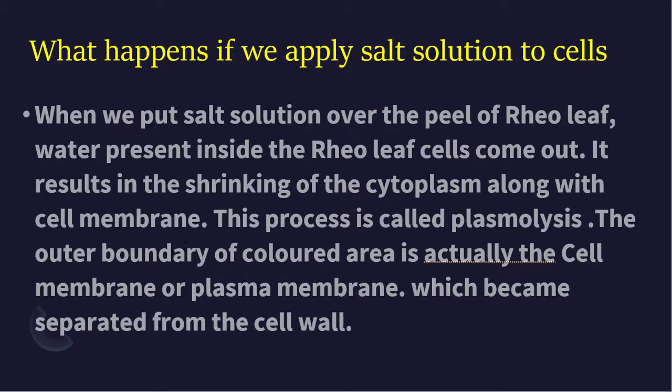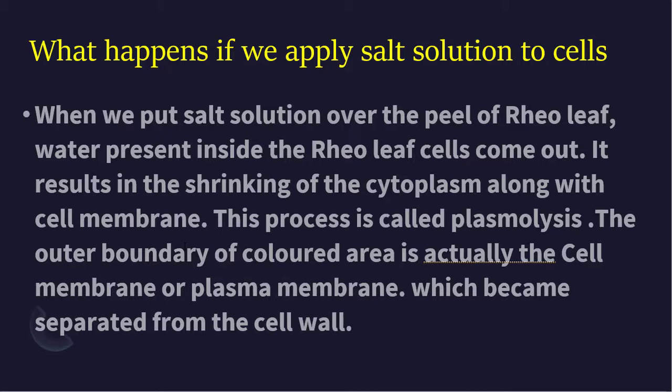When we put salt solution over the peel of the Rheo leaf, water present inside the cells comes out. It results in the shrinking of the cytoplasm along with the cell membrane. This process is called plasmolysis. The outer boundary of the colored area is actually the cell membrane or plasma membrane, which became separated from the cell wall.